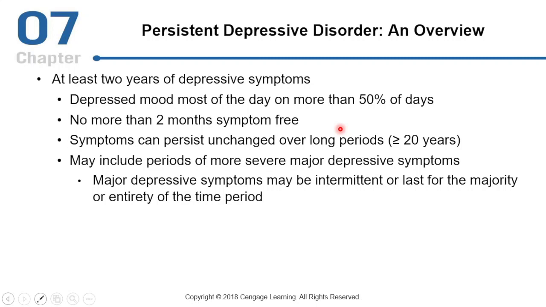So let's say, for example, in 1 week, the depression is observable for at least three to 4 days. And then there are no more than 2 months of symptom free. So meaning to say, kumbaga hindi siya yung totally symptom free for more than 2 months. Otherwise, hindi na to gantong disorder.